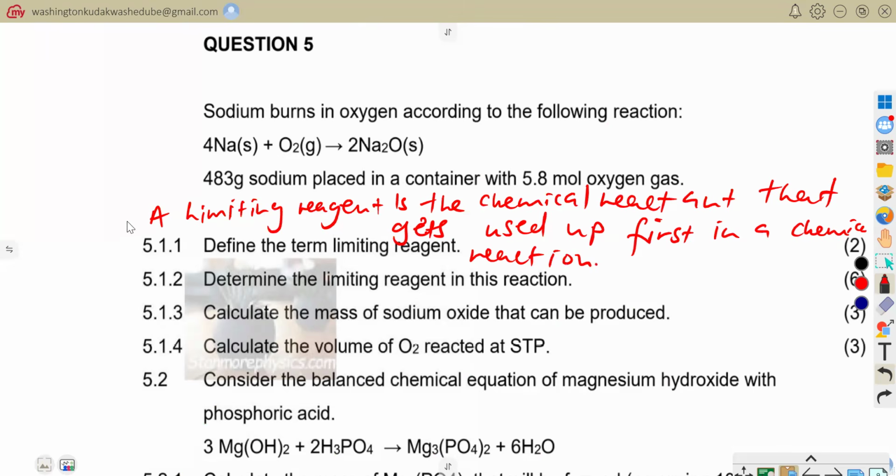So that reactant that gets used up first becomes our limiting reactant.